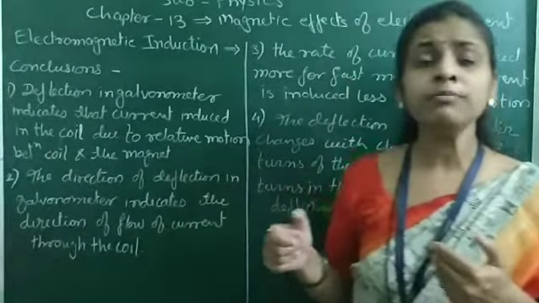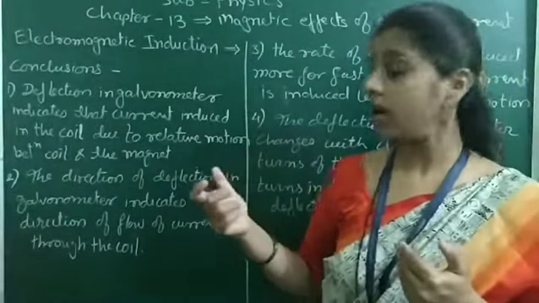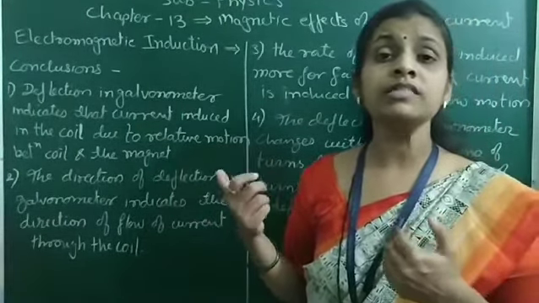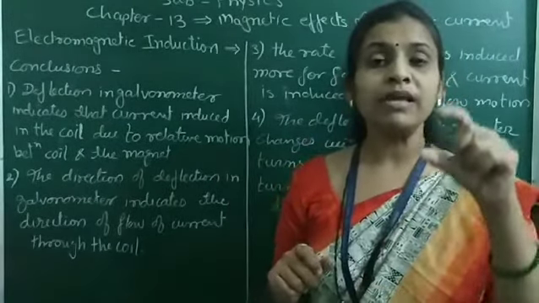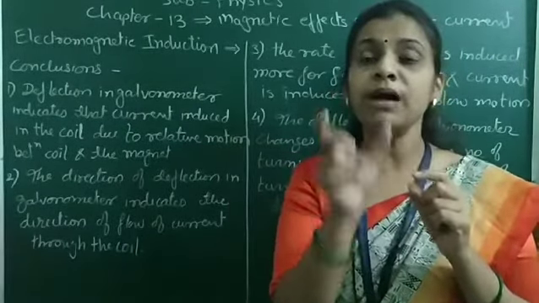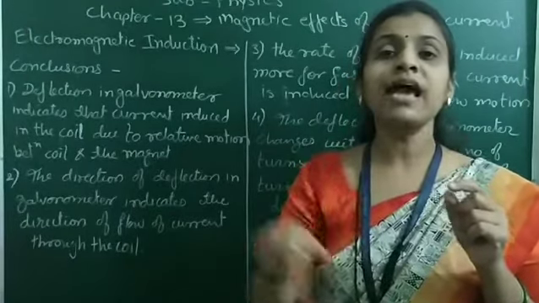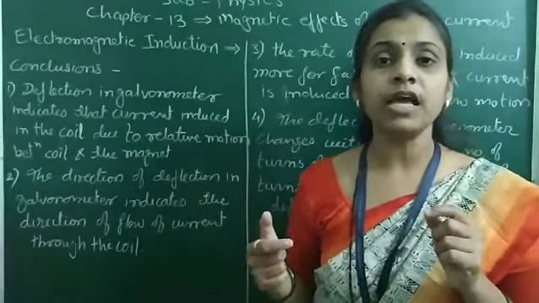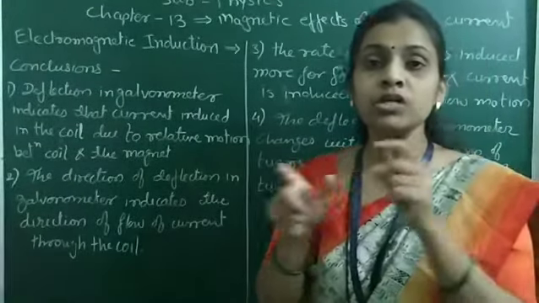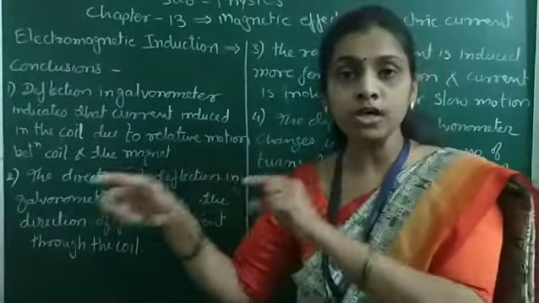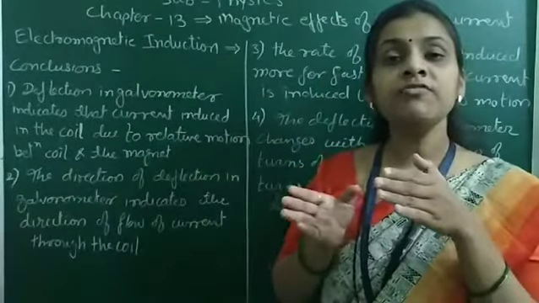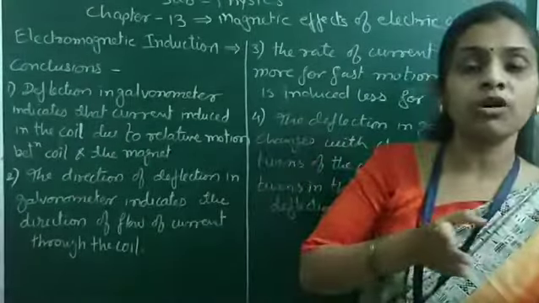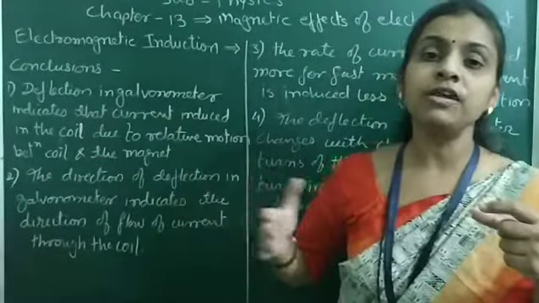Now you may have a question: how is the current induced in the coil? If we take any bar magnet, it has a magnetic field, represented by magnetic field lines. Whenever the magnet moves towards and into the coil, the magnetic field lines also enter the coil, and when the magnet moves away from the coil, those lines leave.